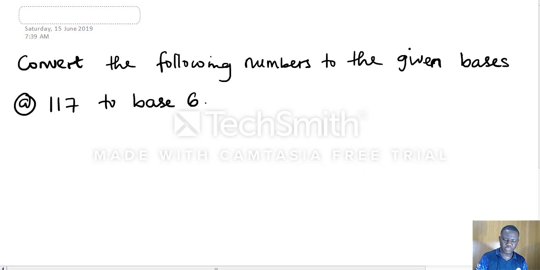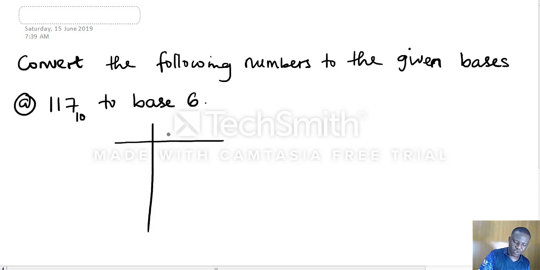Also, we have to convert the following numbers to the given bases. So we have 117 base 10 to be converted to base 6. We'll also use repeated long division to find its equivalent in base 6.